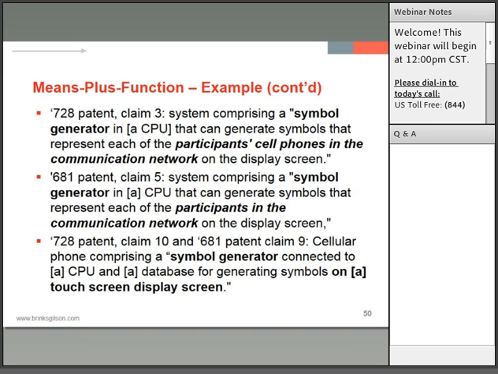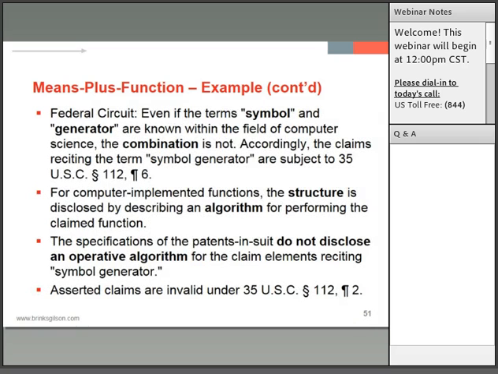And then claim 10 of the 728 patent and claim 9 of the 681 patent said the symbol generator is connected to a CPO and a database for generating symbols on a touch screen. So those were the claims, but the symbol generator was not further described in the claims, so no structure in the claims.